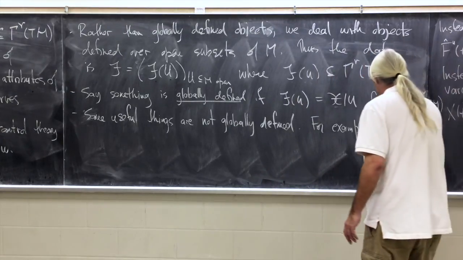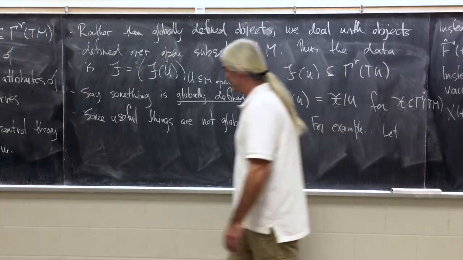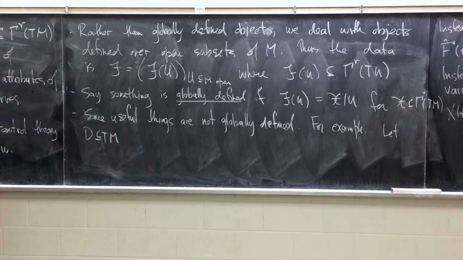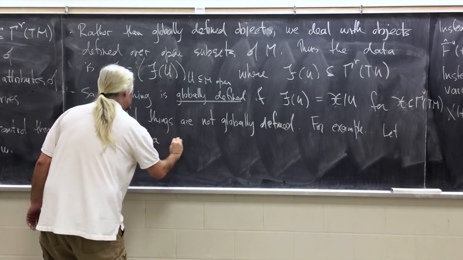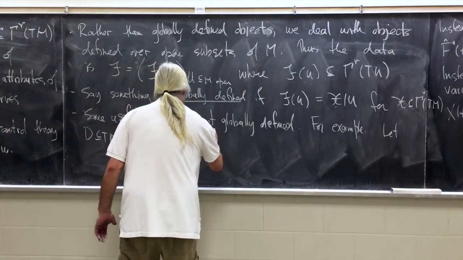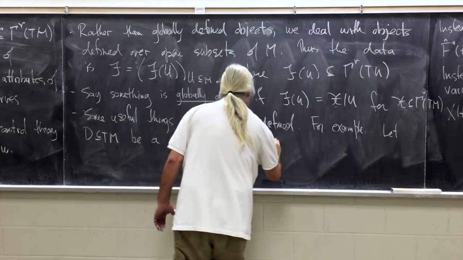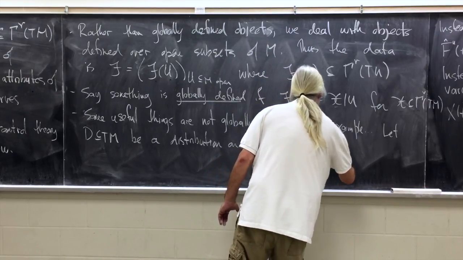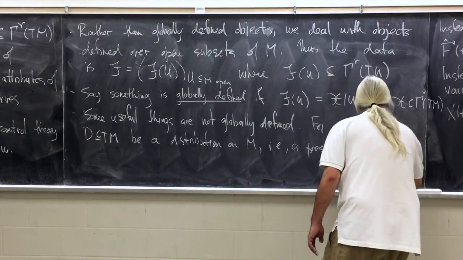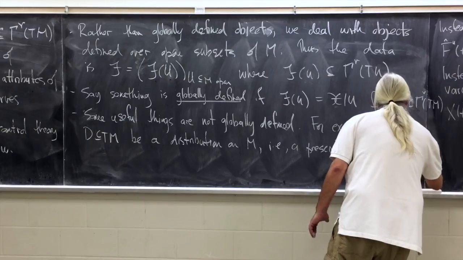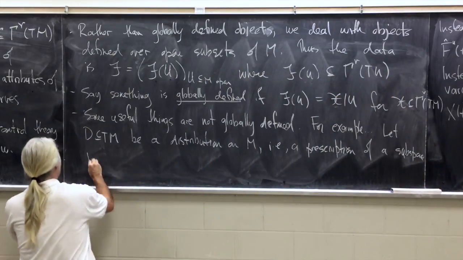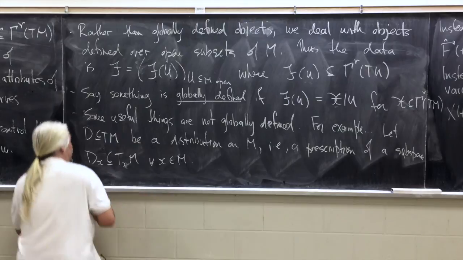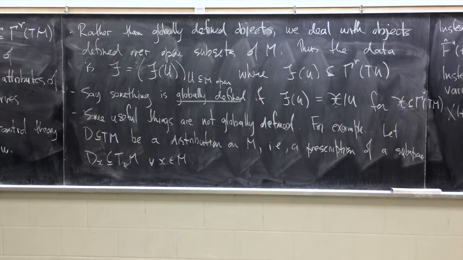Let's suppose that I take a distribution on M. This means a prescription of the subspace D_x at every point x in M, and these have to fit together smoothly in some way.